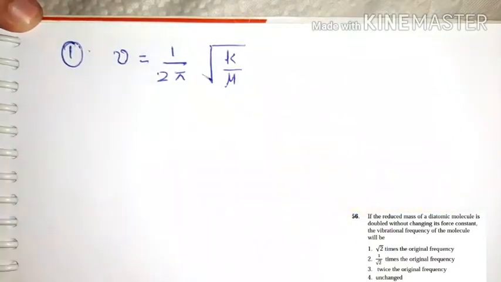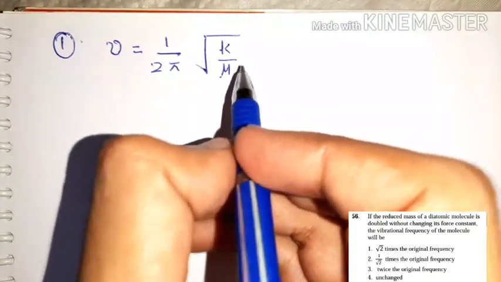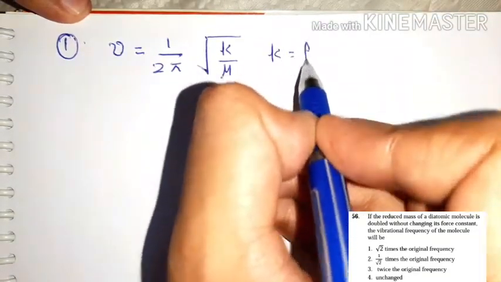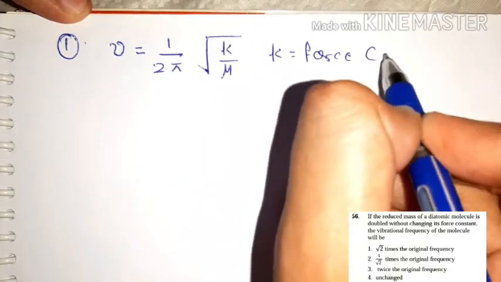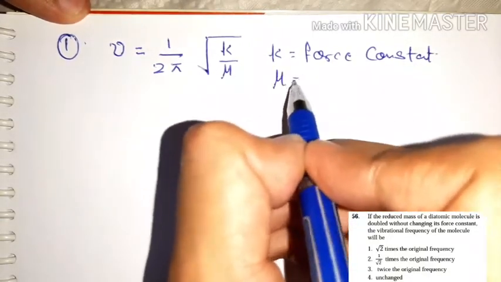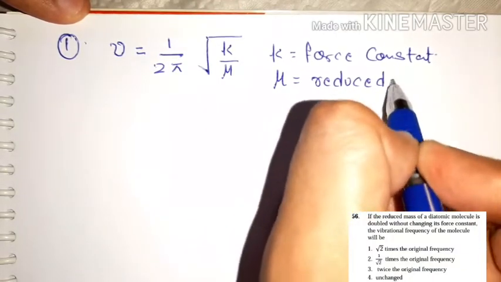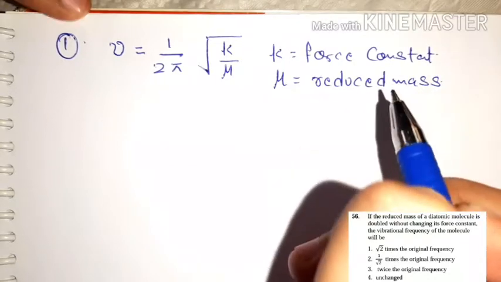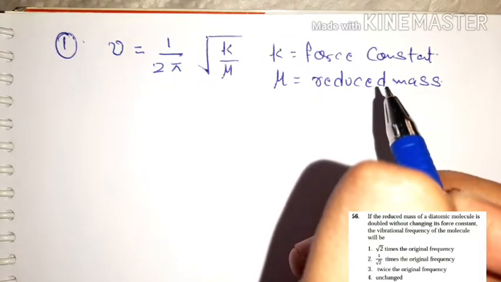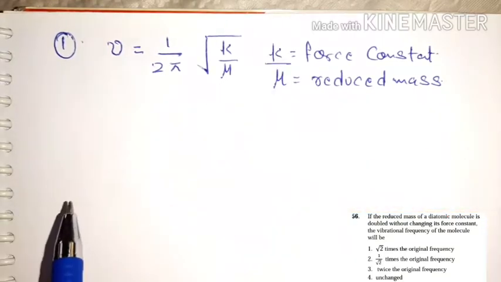This is a general formula, in which k is the force constant and mu is the reduced mass. In this question the force constant is a constant quantity.